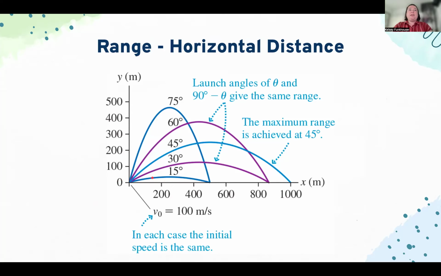So this little blue one down here is 15 degrees, like I just said. If we launch something at 15 degrees, it's not going that far. But for maximum range, if we launch it at 45 degrees, it will go its farthest length possible. And then in between 45 and 15, it'll go far.